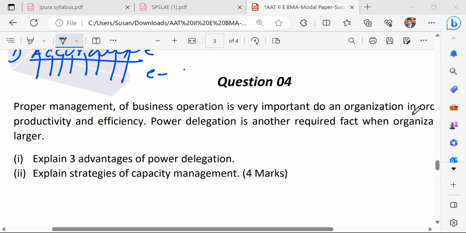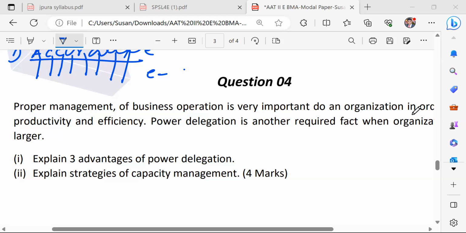Then all people are committed to the successful management, then that becomes very productive, right? Another thing is, normally humans are motivated with power, right? Employees are motivated once they get responsibilities and power. Then that is the second one.